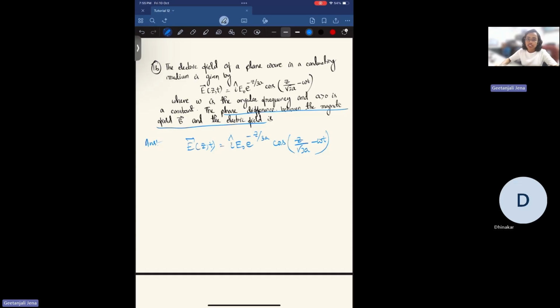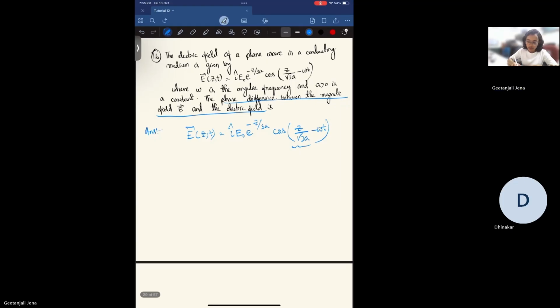Okay. So for this, phase is nothing but the coefficient of... let me solve it. Whenever you have an electric field like this, the phase is kr minus omega t. To find the phase, you can just write it in terms of the complex part.